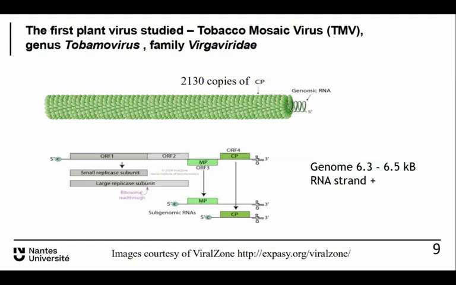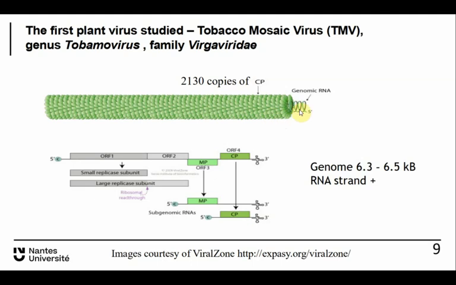So the first one is everybody's favorite plant virus, tobacco mosaic virus. It's got a very, very simple non-enveloped helical capsid. You've got the plus strand RNA genome in the middle, surrounded by apparently exactly 2,130 copies of the capsid protein.